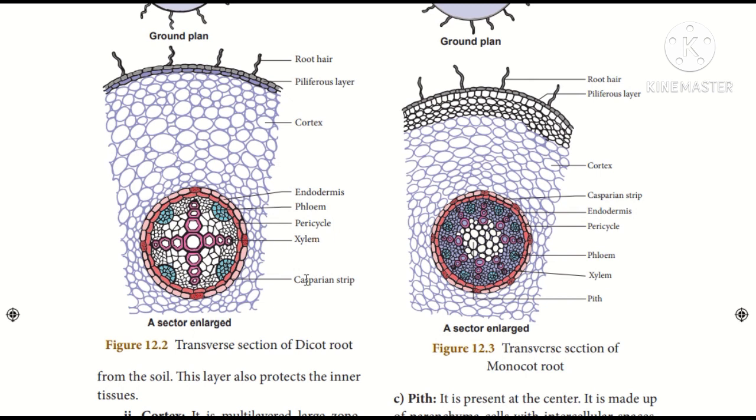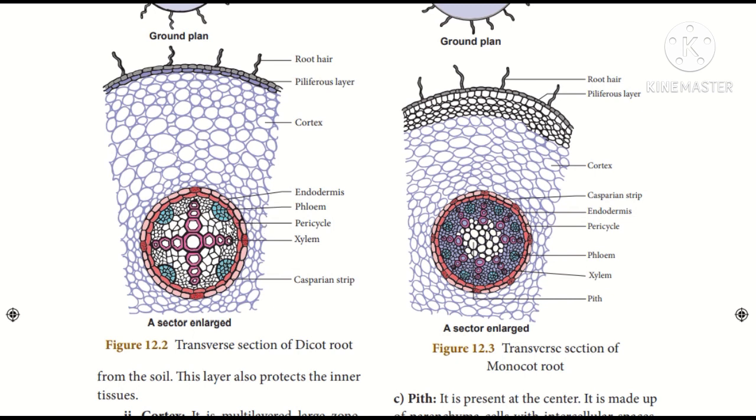And what is the pericycle? It is the layer inner to the endodermis. The innermost layer of the cortex is the endodermis, and the layer inner to it is the pericycle.